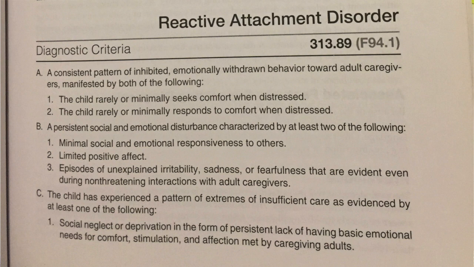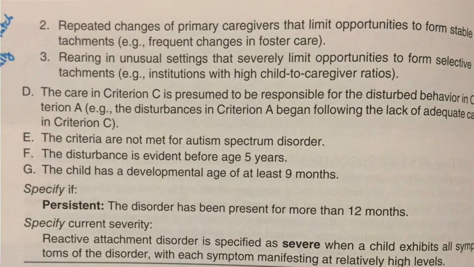Social neglect or deprivation in the form of persistent lack of having basic emotional needs for comfort, stimulation, and affection met by caregiving adults. 2. Repeated changes of primary caregivers that limit opportunities to form stable attachments, such as frequent changes in foster care. 3. Rearing in unusual settings that severely limit opportunities to form selective attachment, such as institutions with high child-to-caregiver ratios.